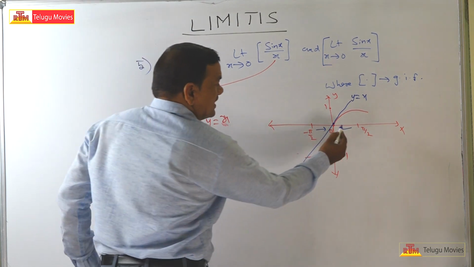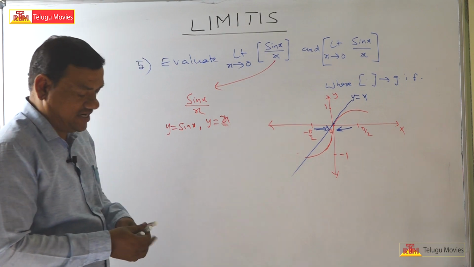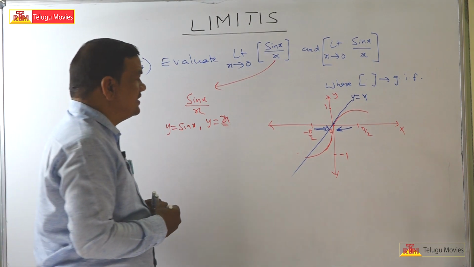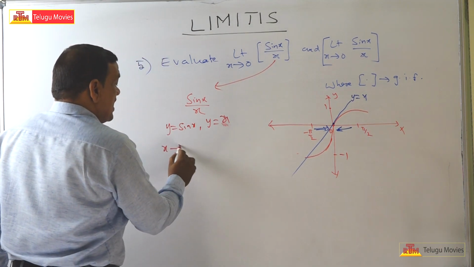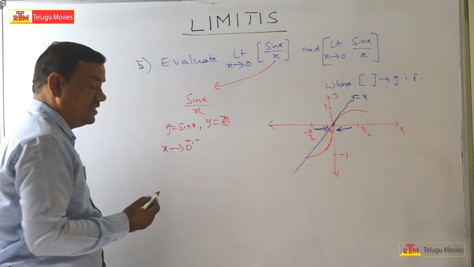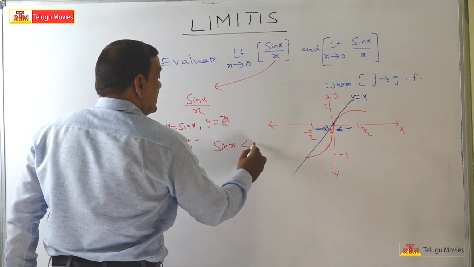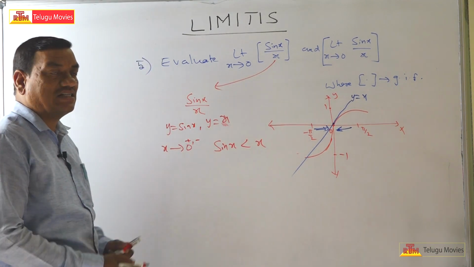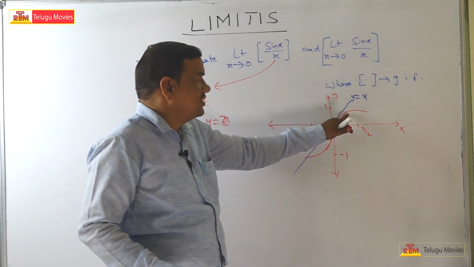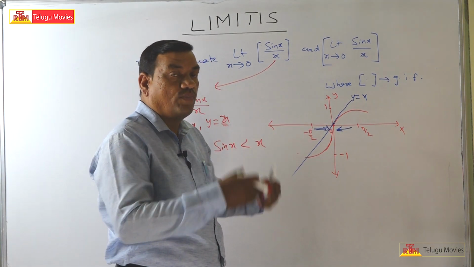Both as x approaches from the right hand side and from the left hand side, in either direction, plus or minus, the sin x graph is less than x. Always sin x is less than x.